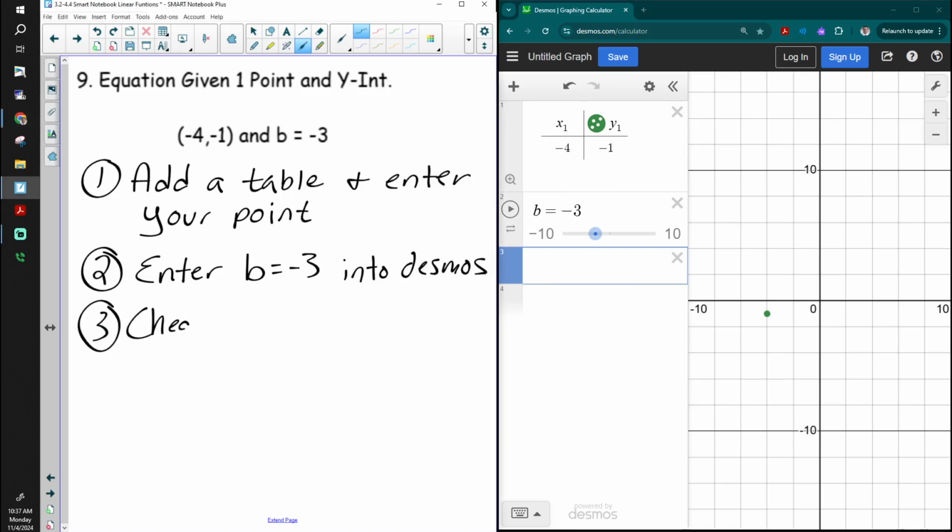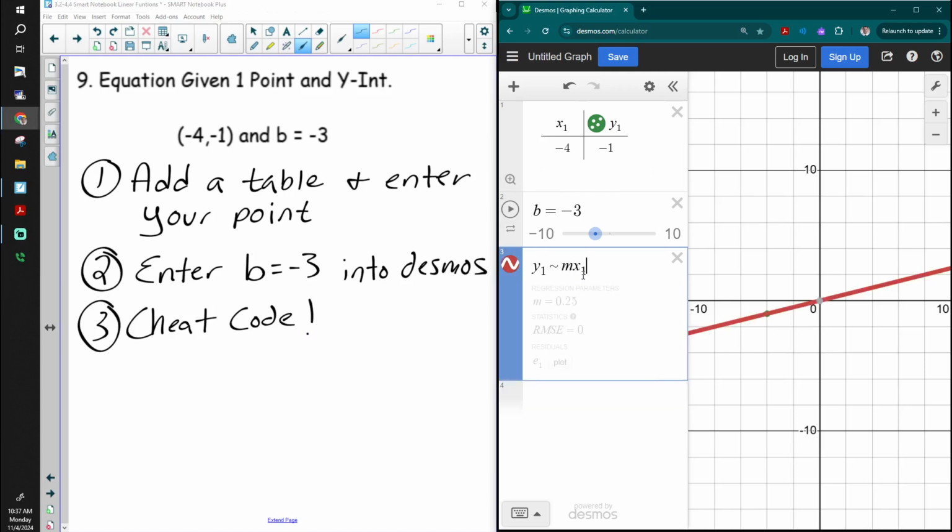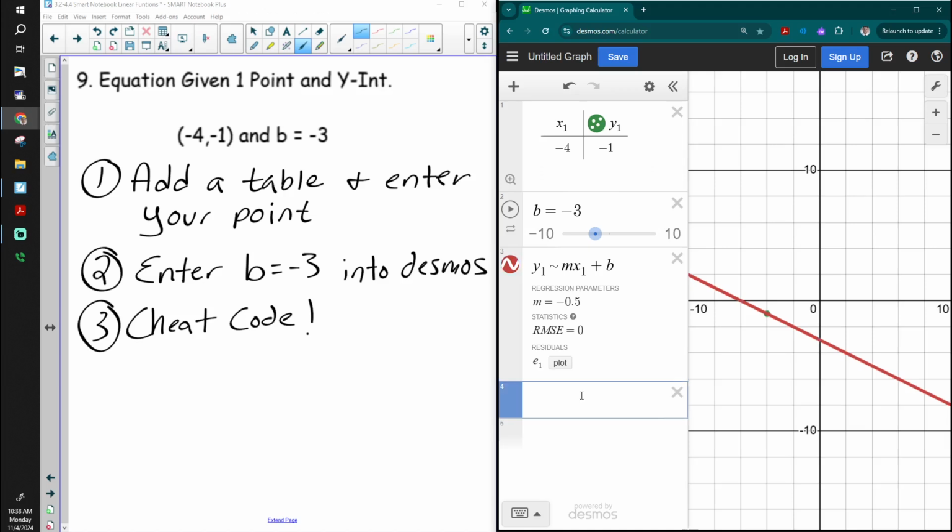Cheat code. y1 squiggly mx1 plus b. And what do you know? It tells us m is -0.5. Typing that in, and clicking my fraction button, I get -1/2.